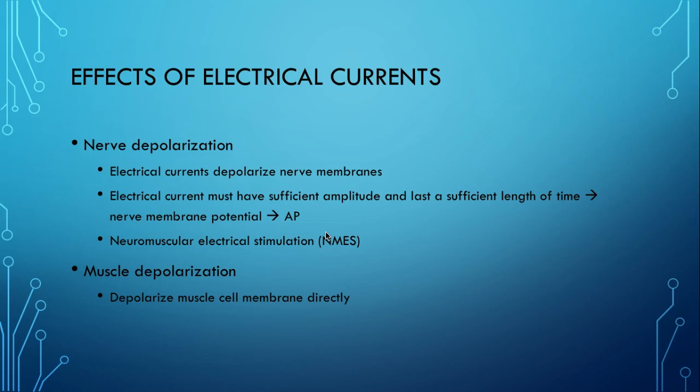We have what we call neuromuscular electrical stimulation, and so that's where we get that action potential that actually stimulates that alpha motor neuron, creating a muscle contraction. It depolarizes that muscle cell membrane directly.